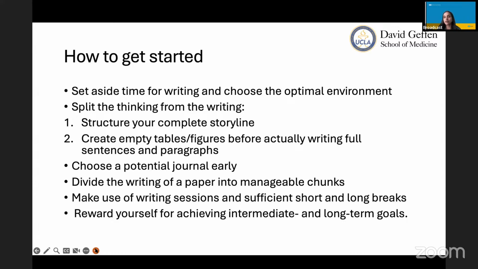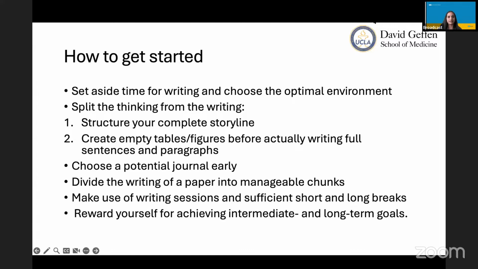And that is one of the challenges for many people. Now, you could be writing the research paper from one of your proposals, or you could be writing a proposal itself. I think setting aside time for writing and also choosing an optimal environment wherein you can sit down and split the thinking from writing is really important.